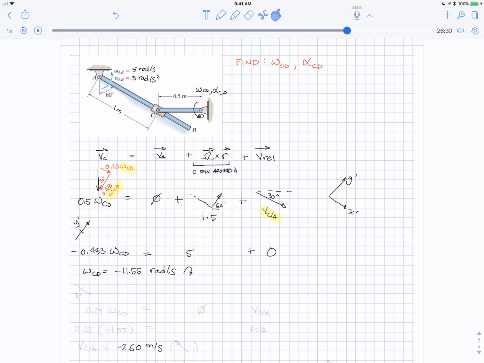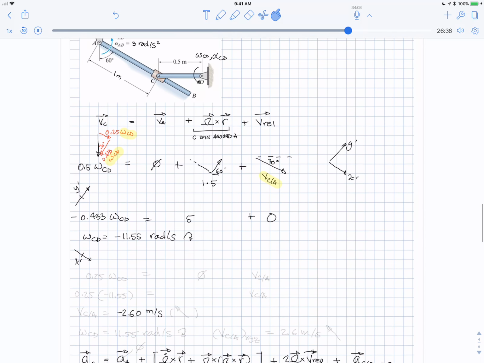Now we're ready to do the X prime component.